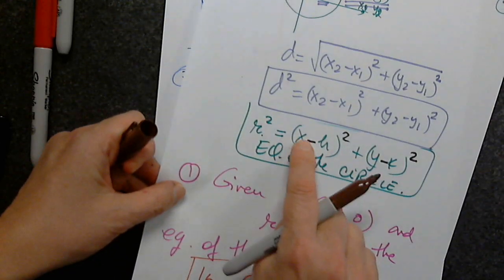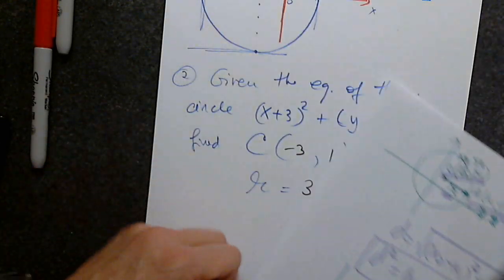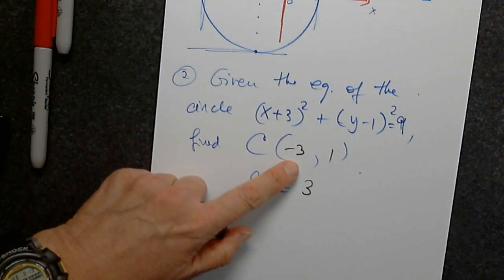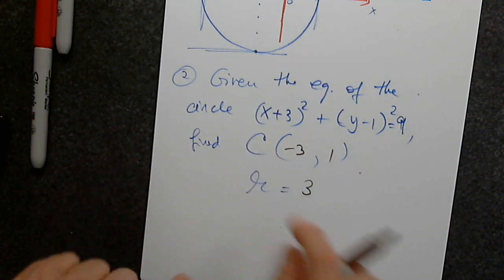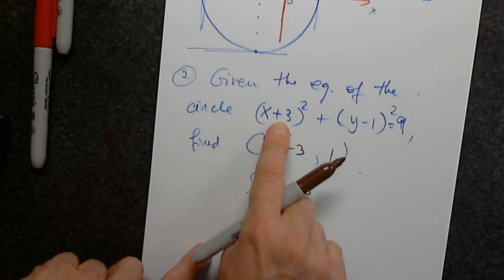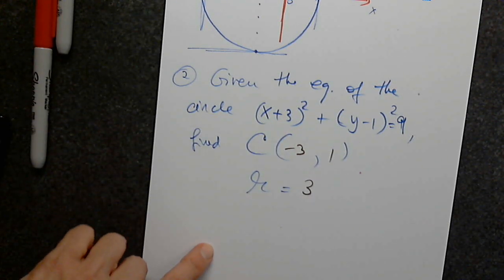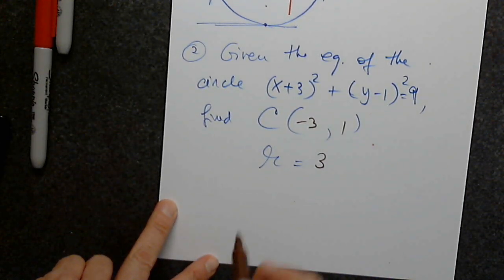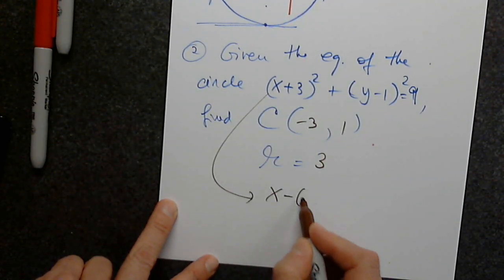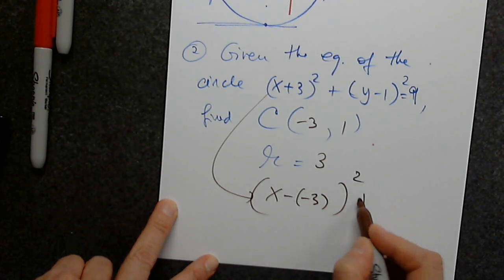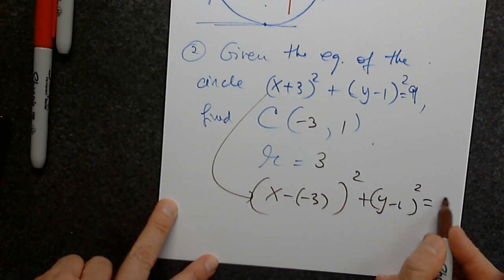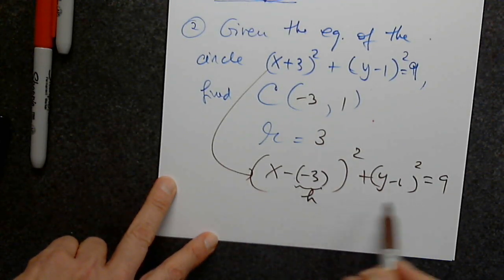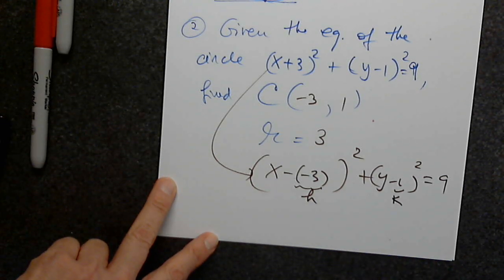So that's why I pointed out that it has to be a negative. If this is +3, then h is -3. x minus -3 will be x plus 3. So this will be rewritten as x minus -3 squared plus y minus 1 squared equals 9. Therefore, this is h and this is k.